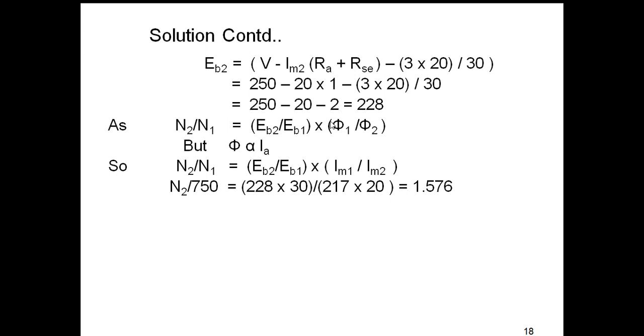If we substitute all the values, we get N2 by 750 is equal to 228 into 30 by 217 into 20.